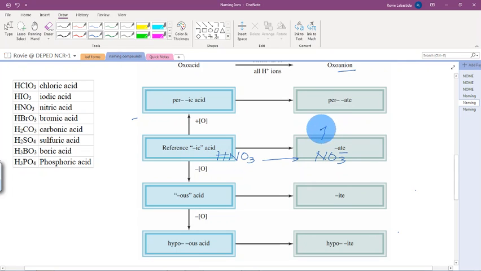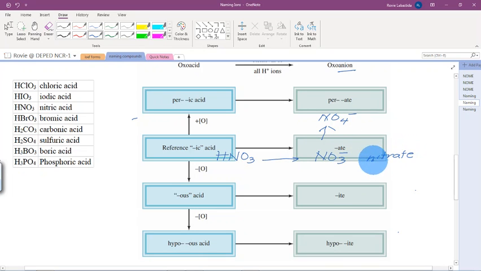If we add one oxygen atom to the formula, it will become NO4 negative. Let me just go back here. From nitric acid, it will become nitrate if we remove the hydrogen atom.